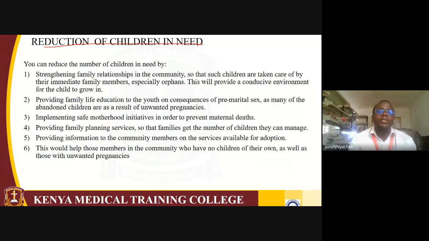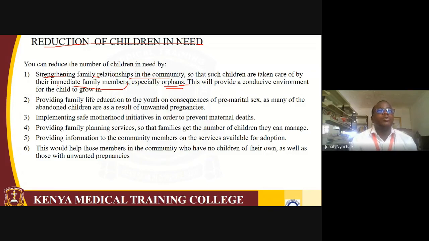We can reduce that by strengthening the family relationships in the community, so that such children are taken care of by the immediate family members, especially in the cases of orphans. We should strengthen. People should love one another. You should look at the child of your sister, the child of your brother as your own, and provide a conducive environment for a child to grow.